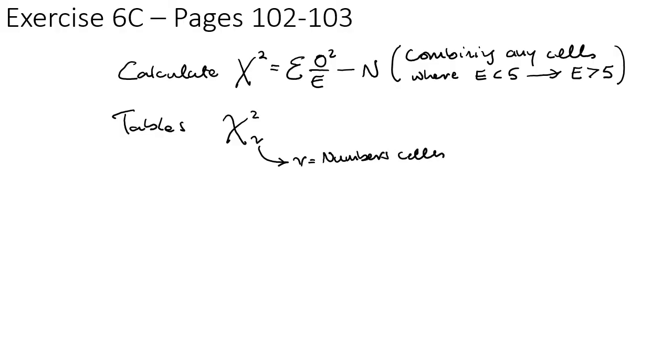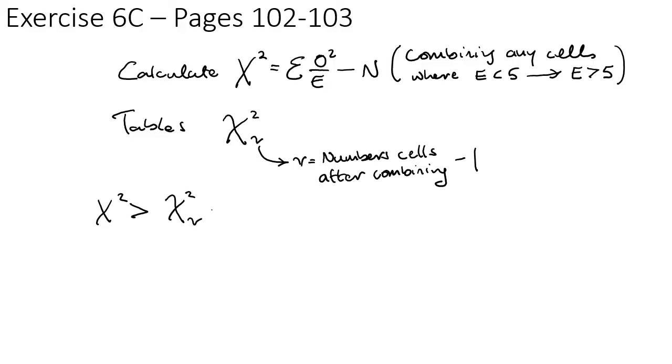Remember, the degrees of freedom you get from the number of cells after combining, minus 1. Then we'll compare x squared to chi-squared with our number of degrees of freedom.